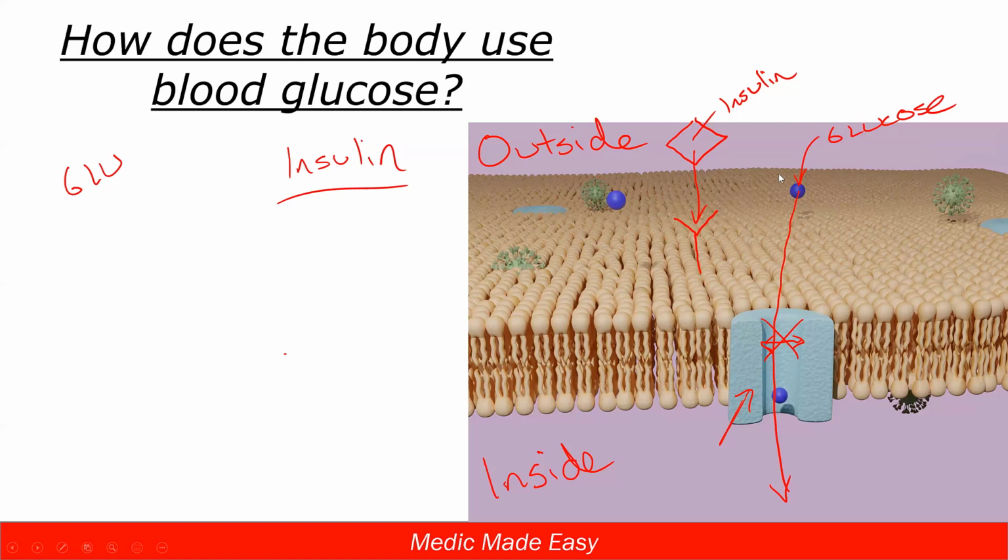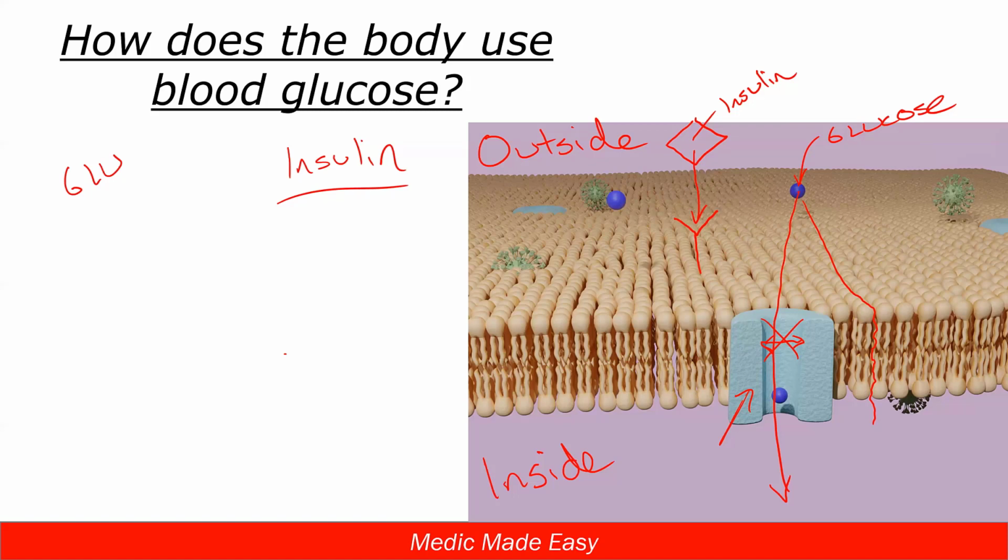And the sugar molecules, these glucose, as an actual molecular structure, are too big to just move into the cell on their own, right? They need that help. They need that insulin to open that door, which is big enough to allow the sugar to move through. And so these little sugar particles can't just weasel their way through the cell membrane, right? Cell membranes are pretty good at keeping stuff outside the cell that should be outside, and keeping stuff inside the cell that should be inside.